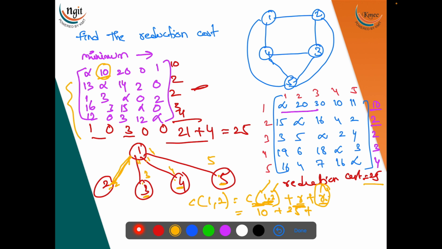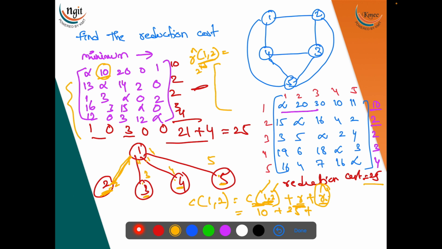Yes, now we'll see how. If I find out the R cap, that is R cap of 1 comma 2, the reduction cost for this, that means I am calculating the second node matrix. So what is the second node matrix reduction cost?